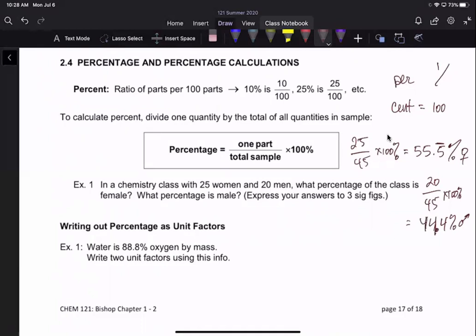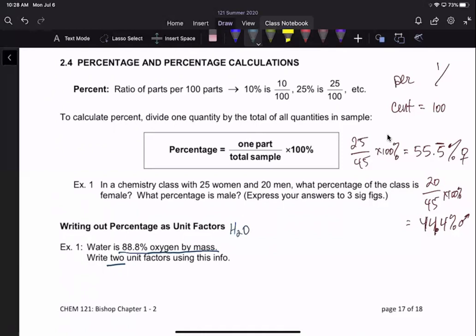So when we get percentages in a problem, they contain a lot of information, and writing unit factors from that information is really helpful. So if I say that water is 88.8% oxygen by mass, we can write unit factors. Here I've asked for 2, but we could write more than 2 from that because water is H2O. There's only 2 components.